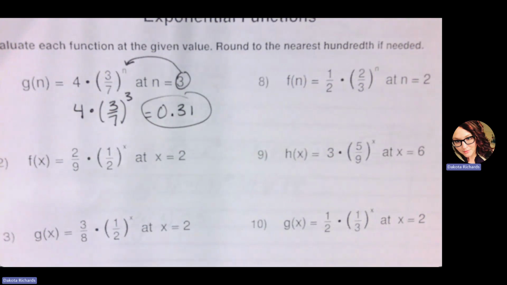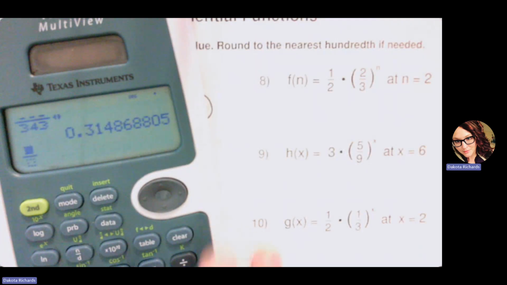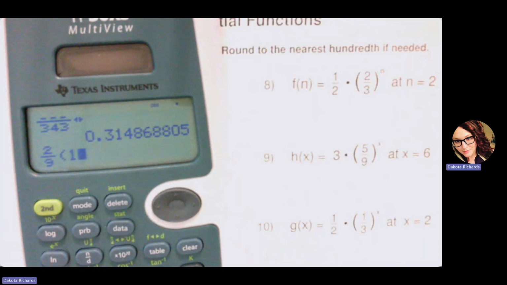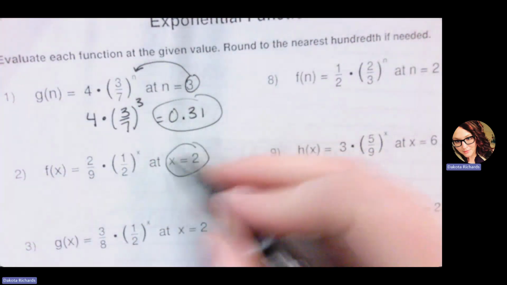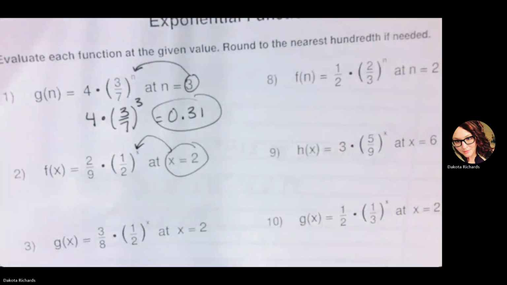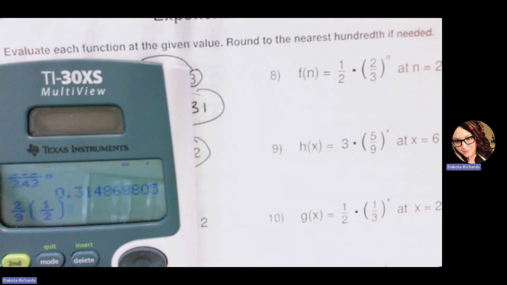Number 2, if we evaluate this one at x equals 2, it's going to be 2/9 times 1/2 to the x power, but our x value is now 2. We're going to plug in a 2 right here.